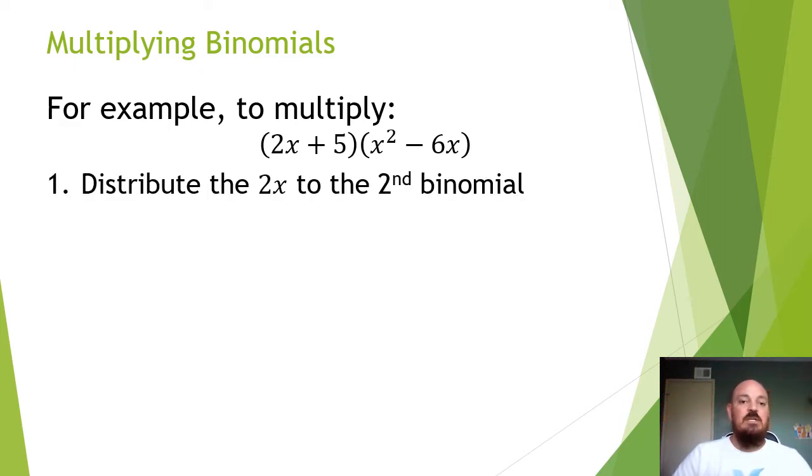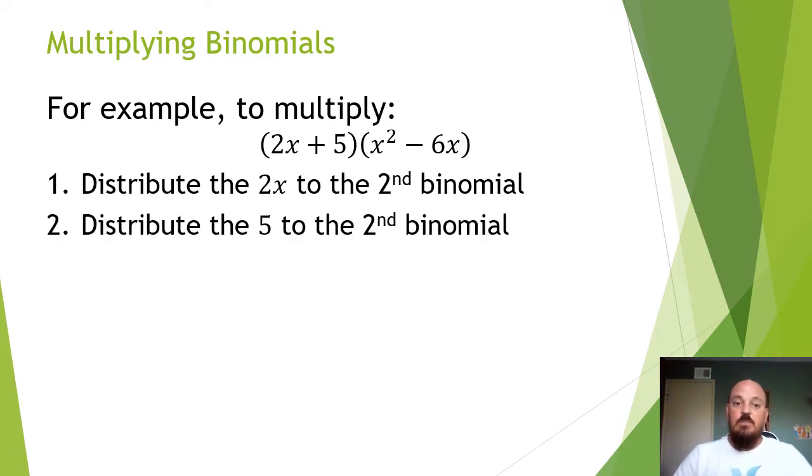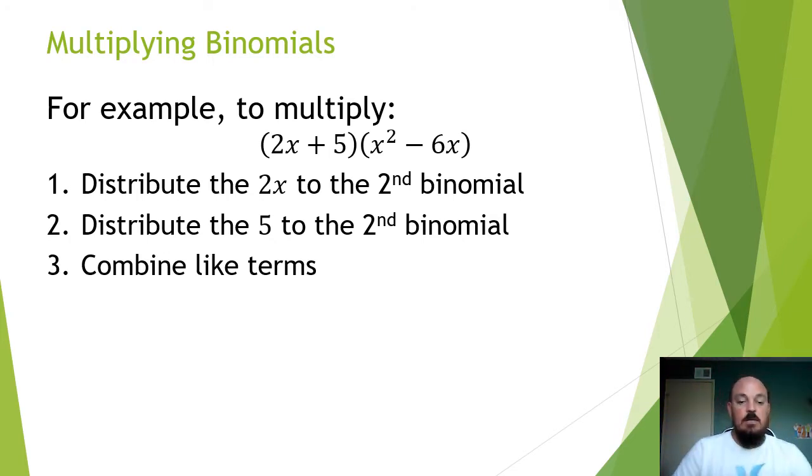Well, I would do it one piece at a time. I would start with the 2x and do a distributive property to the x squared minus 6x. Then you do the same thing with the 5. Take the 5 and distribute it to the x squared minus 6x. Then at the end you combine your like terms.